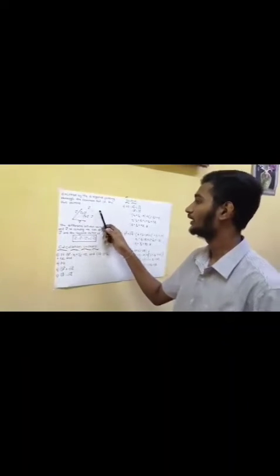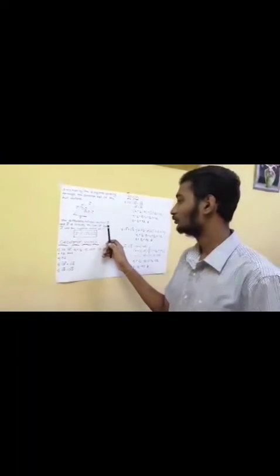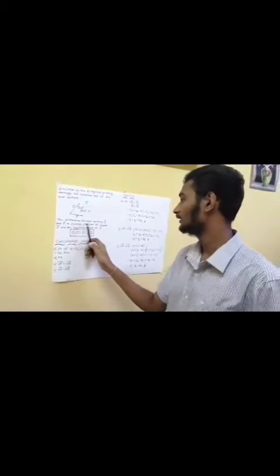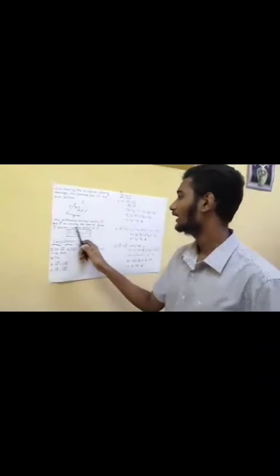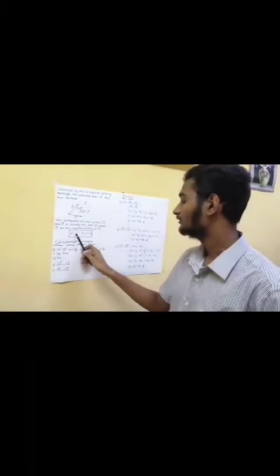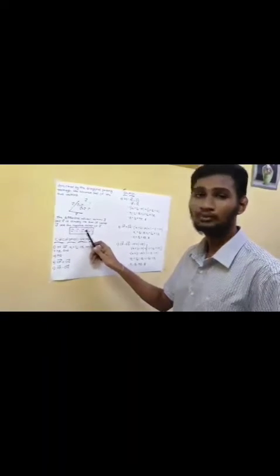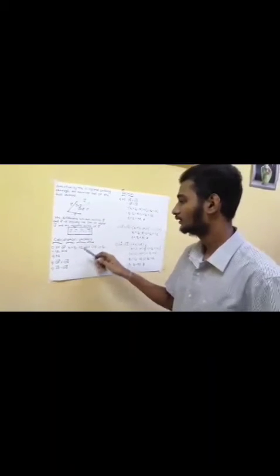This is a parallelogram diagram. The difference between vectors U and V is actually the sum of vector U and the negative vector of V. This is the solution: U minus V equals U plus negative V.